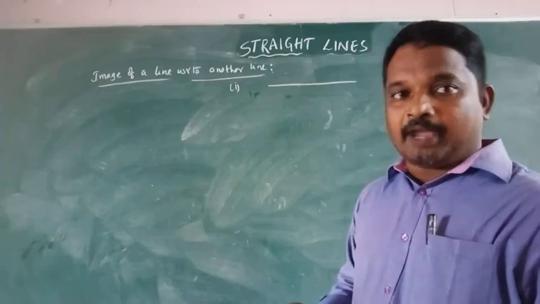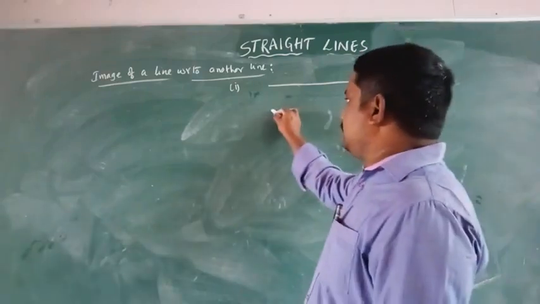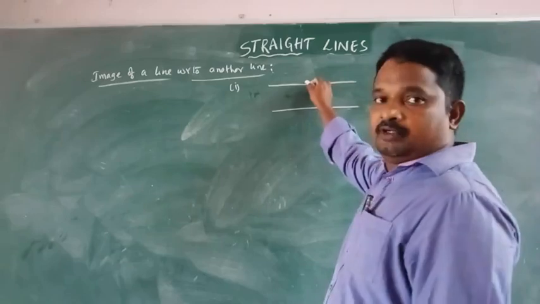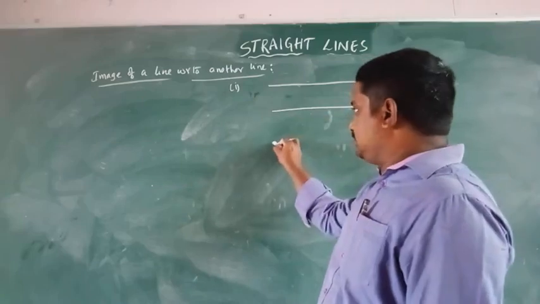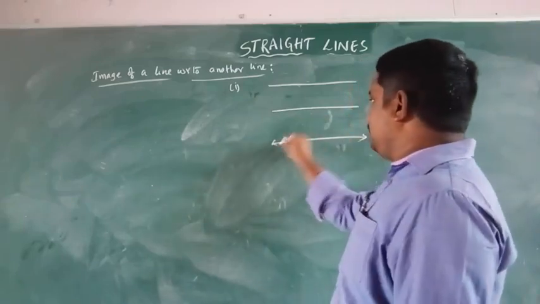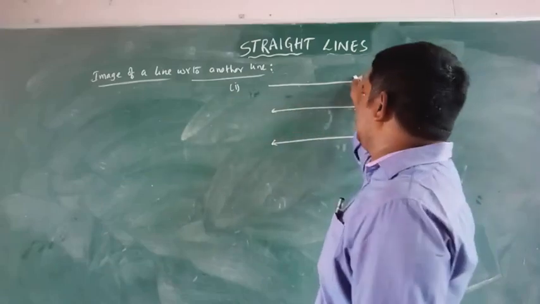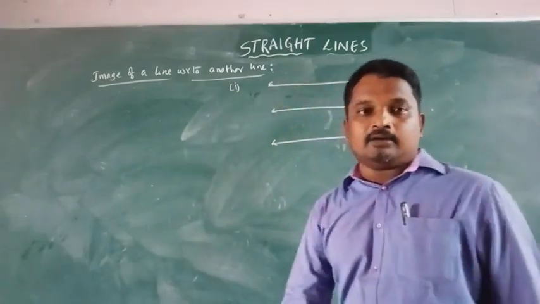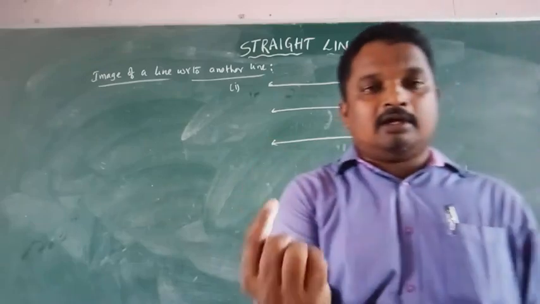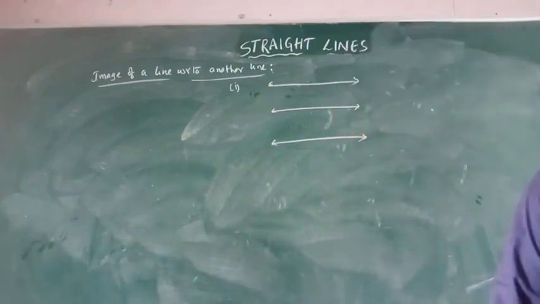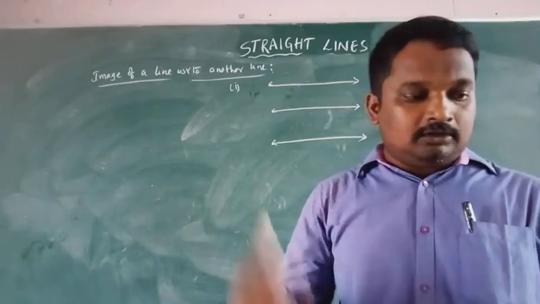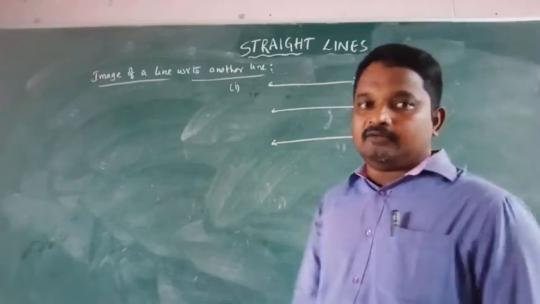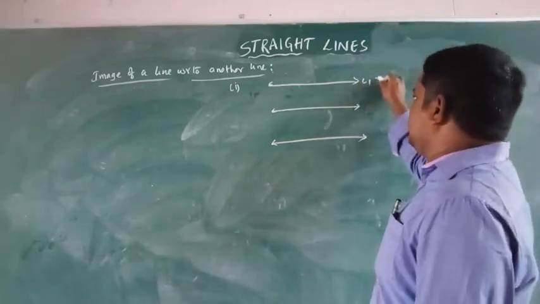So all these 3 should be parallel to each other. Parallel to each other means there is only a small variation, that is, only the constants are different.